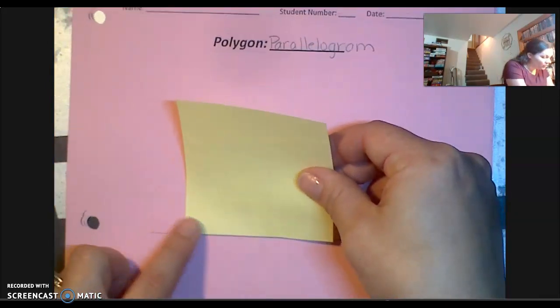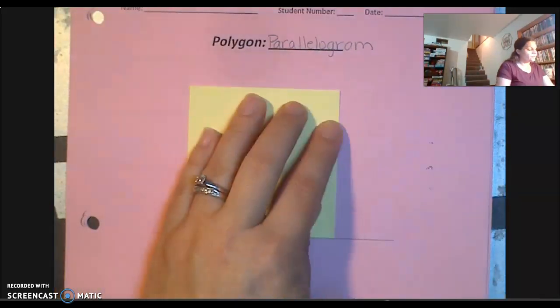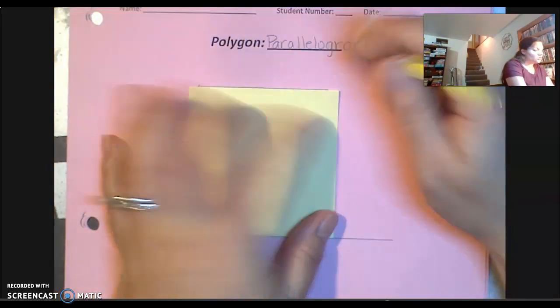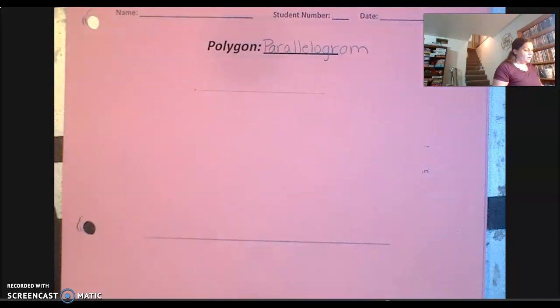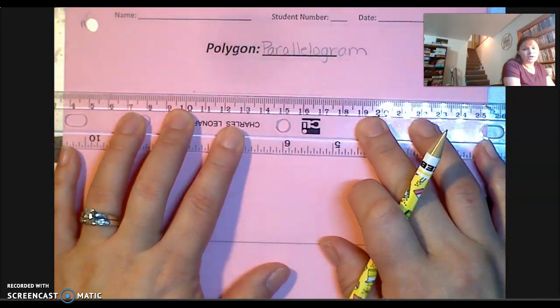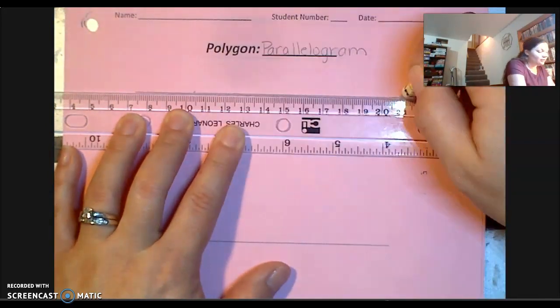And I am going to line my set square up on the line I drew, and trace the top. So it now has given me 1 set of opposite parallel lines. And I'm just going to go ahead and lengthen that top line.